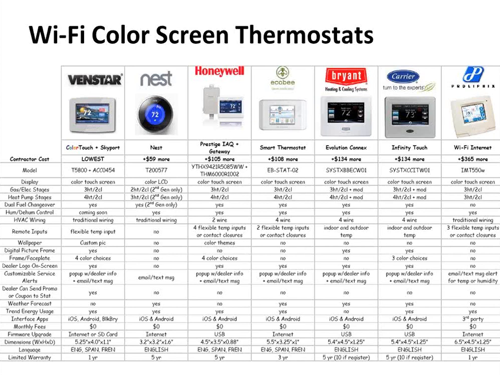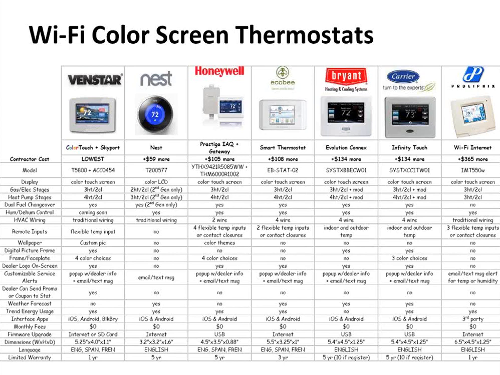Then it talks wirelessly back to the little box that you install at the furnace or equipment itself. The Bryant and Carrier ones are 4-wire communicating from the stat down to the furnace or fan coil. And the Ecobee uses a communication as well. It's similar to the Honeywell. You've got a 2-piece type thing. The stat goes on the wall. It has 4 wires that communicate back to a sub base that gets installed next to the furnace.